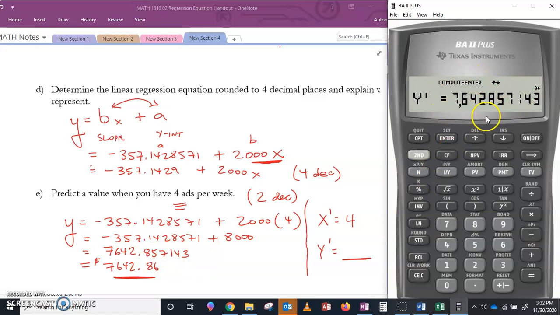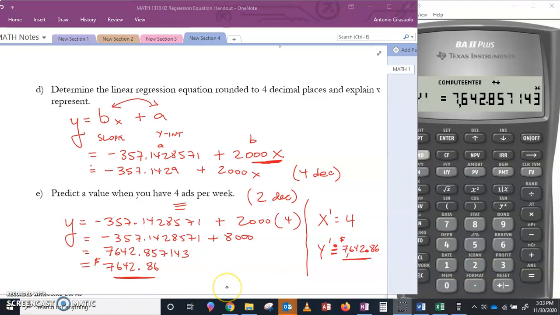There we go. So we can use our calculator, our shortcut here, to figure out what the value is. In a test situation, as long as the values you inputted are correct, this is all you really have to do to answer any question about prediction.